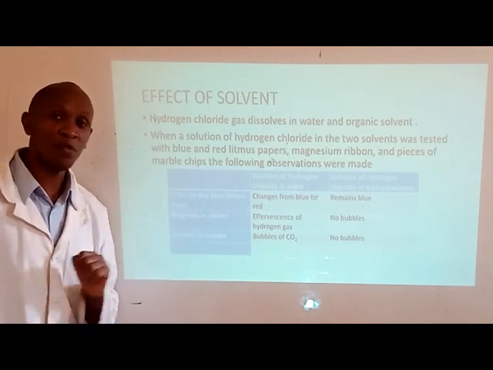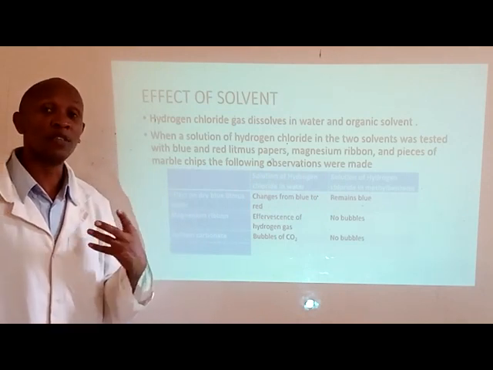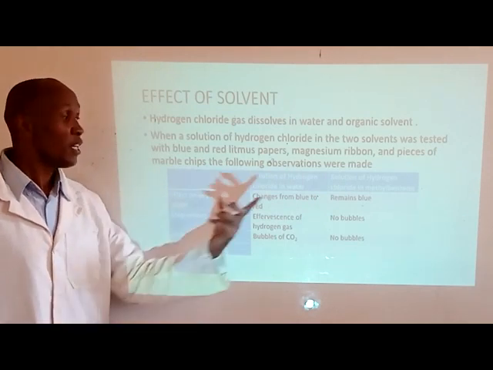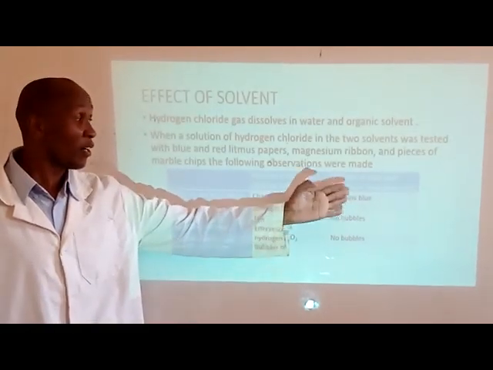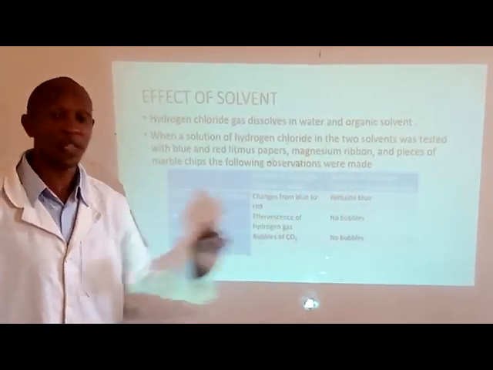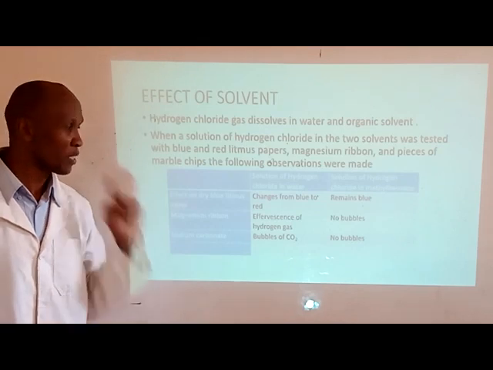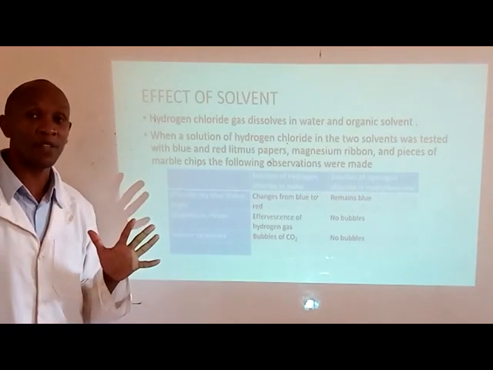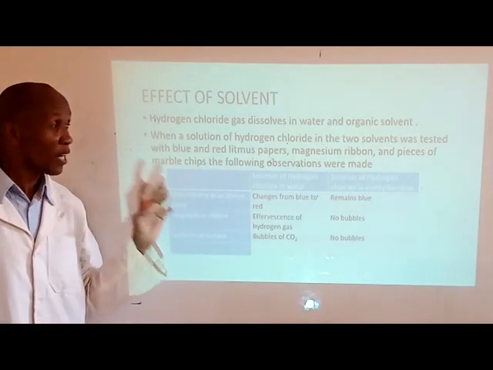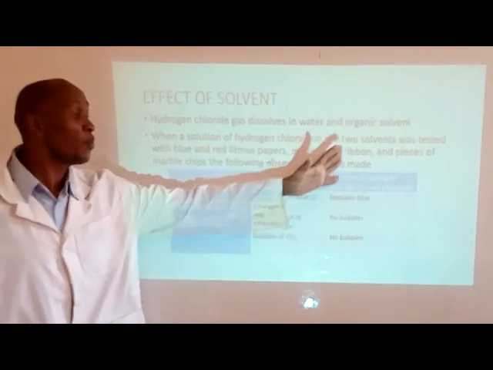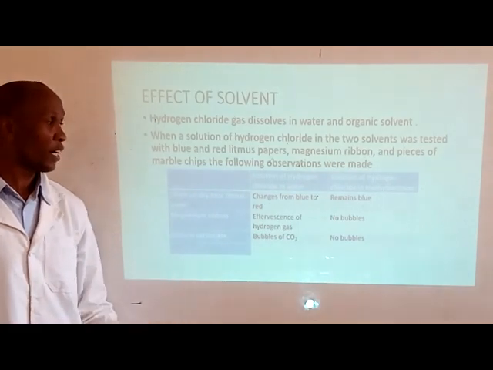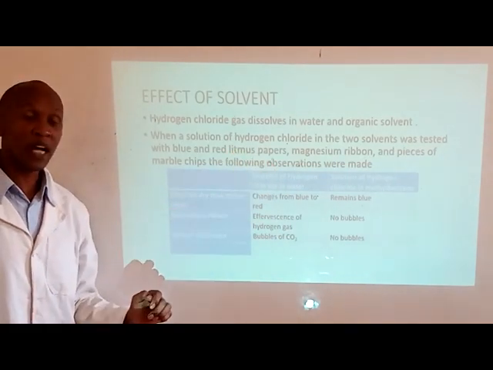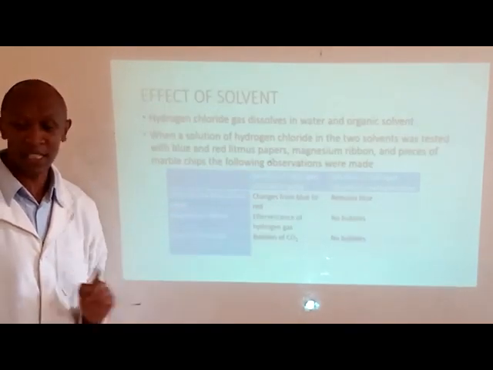So it appears that we may have to build on that definition so that we can account for those properties. And there is one other property of the two solutions that is very telling, so that we shall be able to actually explain why this solution does not have any acidic character, while this solution in water has acidic character.